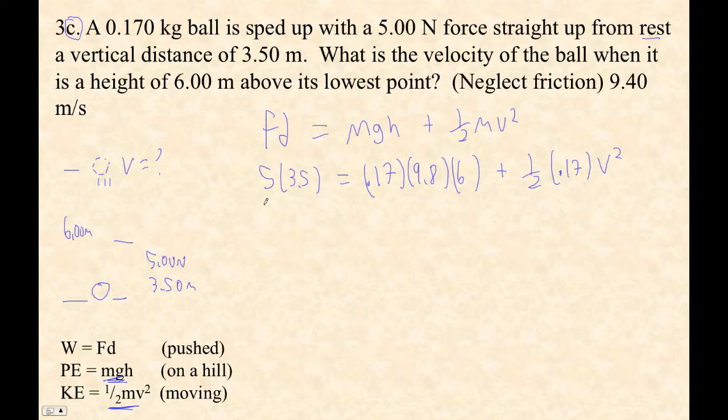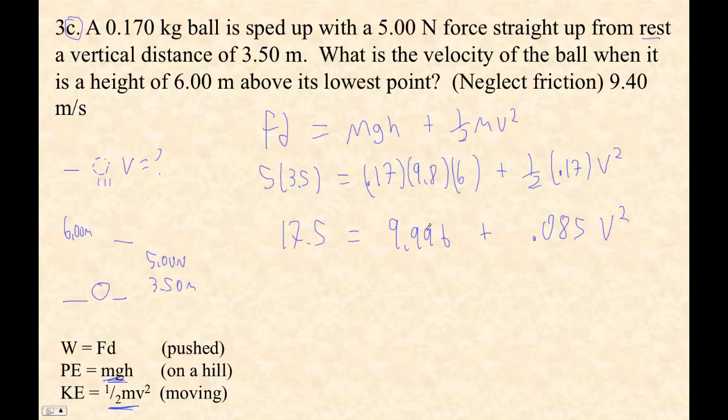So let's bust this out. 5 times 3.5 is 17.5, and then 0.17 times 9.8 times 6 is 9.996, plus 0.5 times 0.17 is 0.085 v squared.